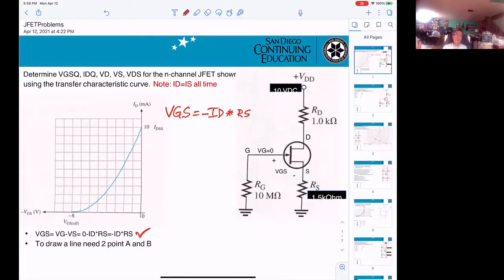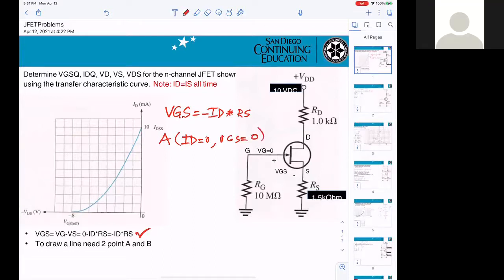Now, if you want to draw the line, you need 2 points. First I get point A. I set ID equal 0, so VGS equals 0.